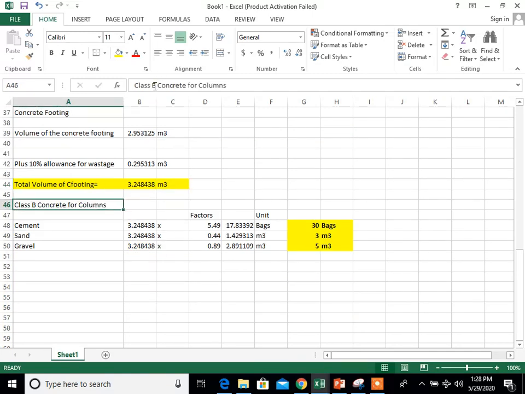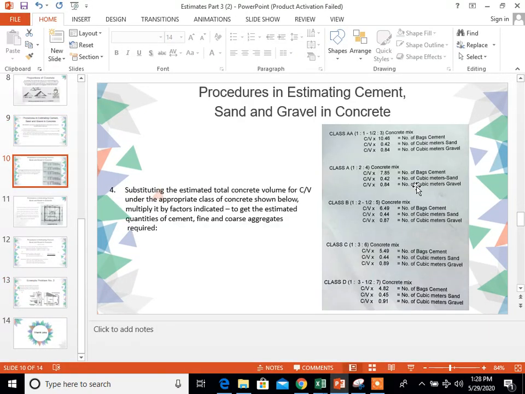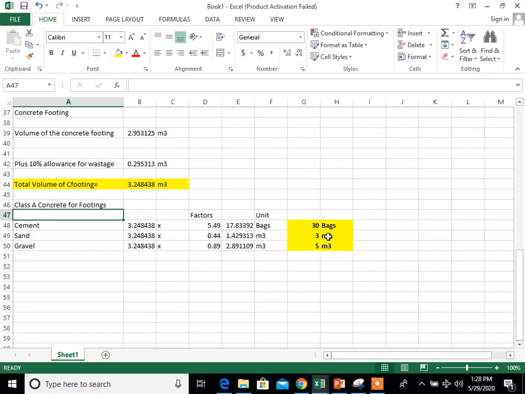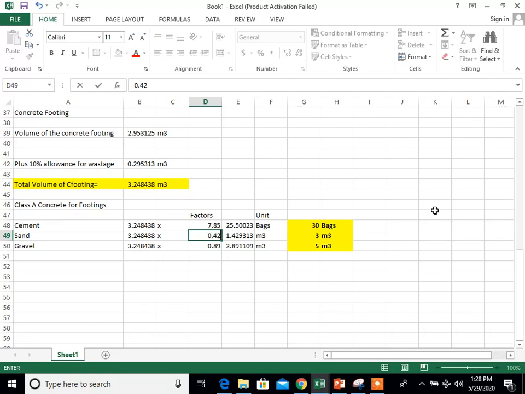Then we use class A concrete for footings. Based on the factors for class A, which is 1 is to 2 is to 4, it is 7.85 for cement, 0.42 for sand, and 0.84 for gravel. So let's change the factors.